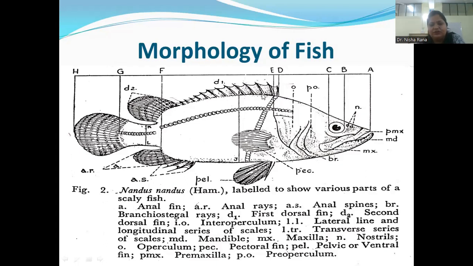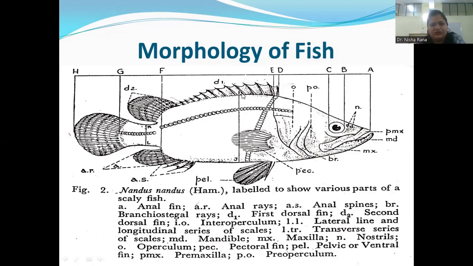You can mention the same in the fin formula. On the basis of spines, you can also identify the fishes, but the number of fin rays and the number of soft rays will be fixed in a particular type of fish species.